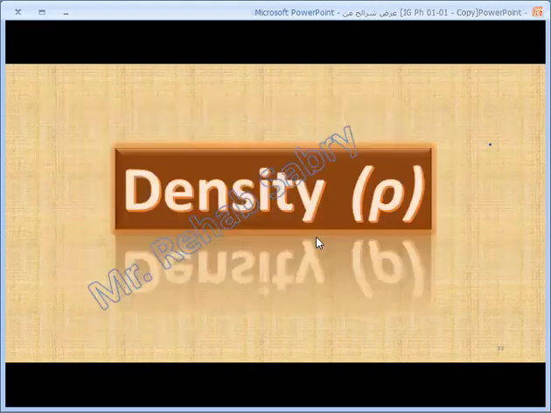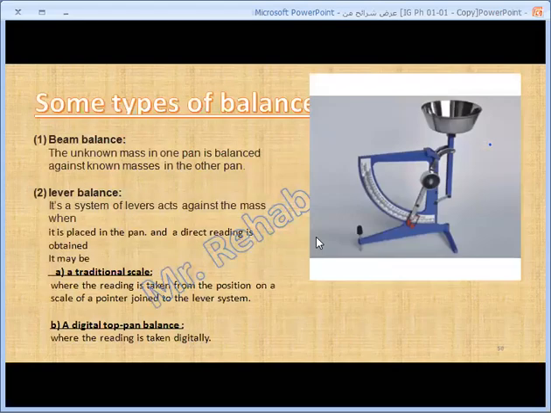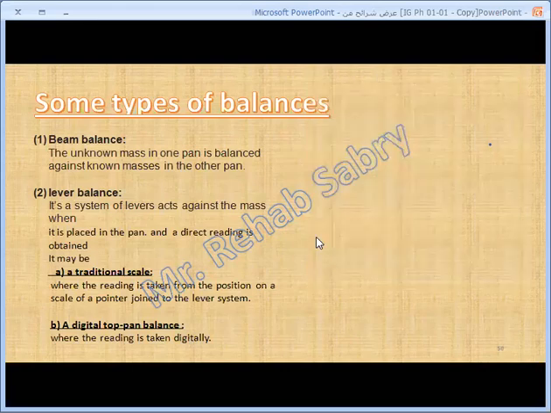Okay, digital. These are the types of balances.